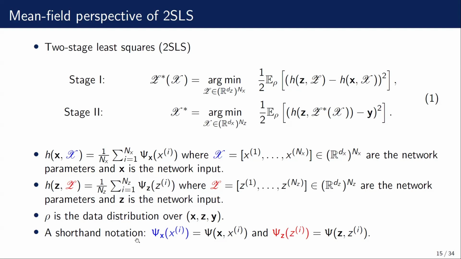And in the sequel of the talk, to cut the notation, I will focus on the parameters X superscript i, Z superscript i, rather than the input X and Z. Because we focus on optimization, where the focus is on the parameters rather than the input, I use this notation to make things a little bit simpler.